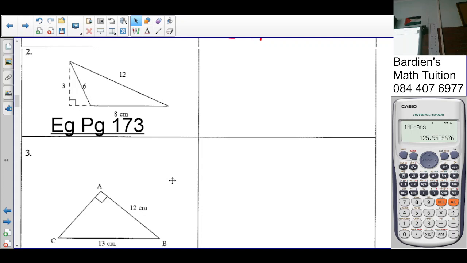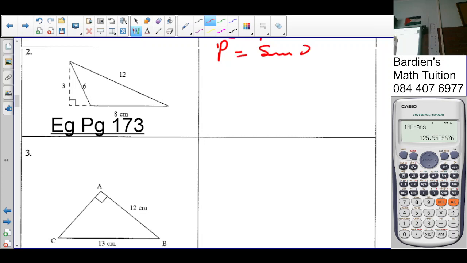Yes? Is that 6 or 8? 6. Okay. So the perimeter is going to be the sum of all the sides.